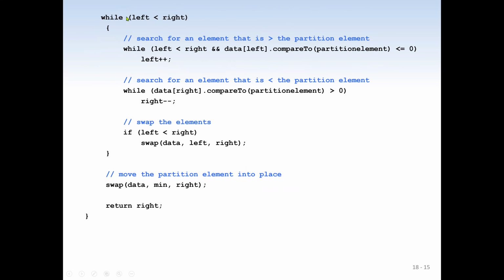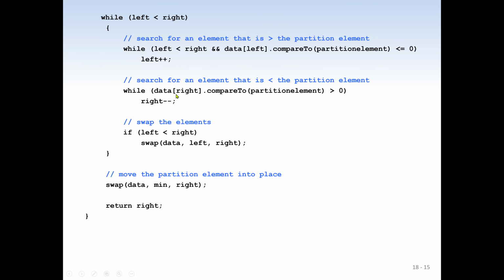Next, we will go through the while loop. We say if left is less than right, which is good, then we can search for an element that is above the partition element. While left is less than right and data[left].compareTo(partition element) is less than or equal to 0, then we increment the left. Now we can search for an element that is less than the partition element.